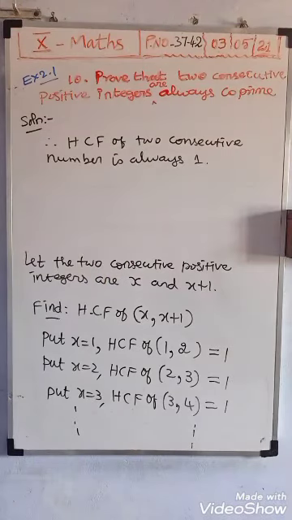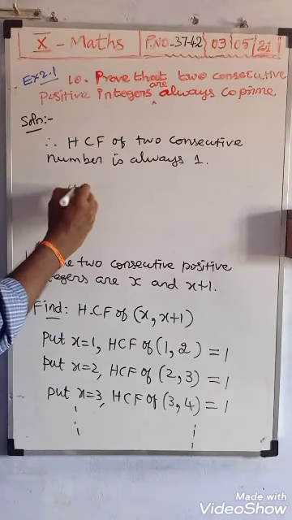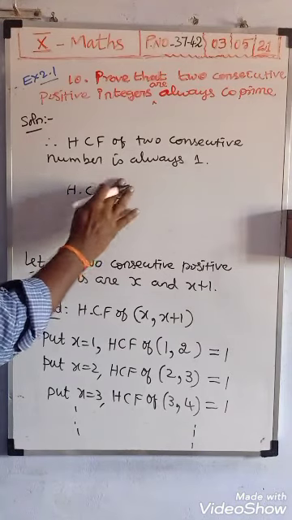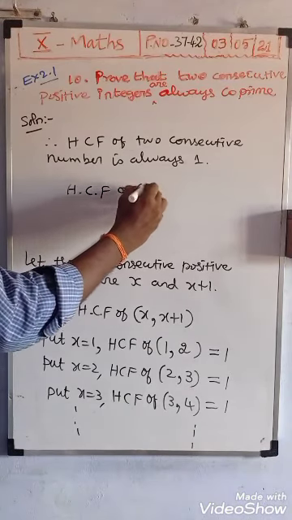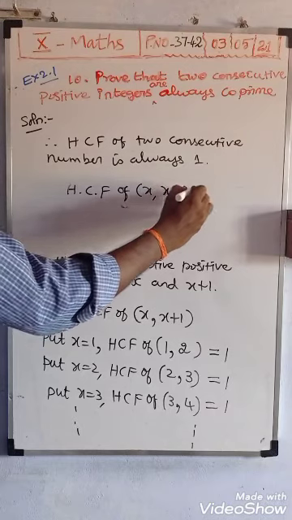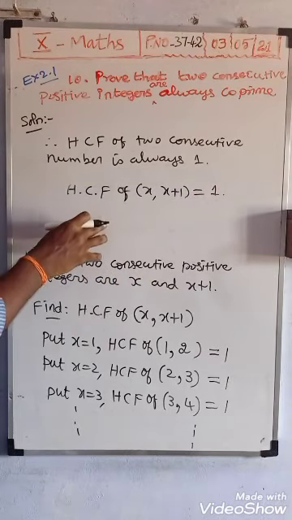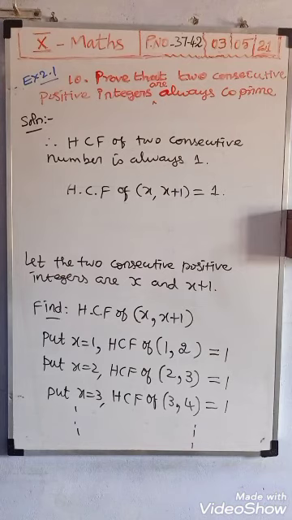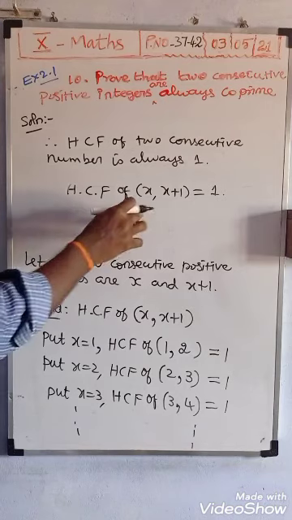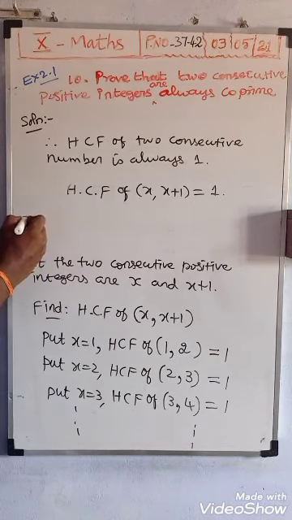Therefore we received HCF of x comma x plus 1 is equal to 1 only. So if we are getting HCF as 1, it means that the two numbers are co-prime. Therefore this is what we wanted to prove, and we have proved it.